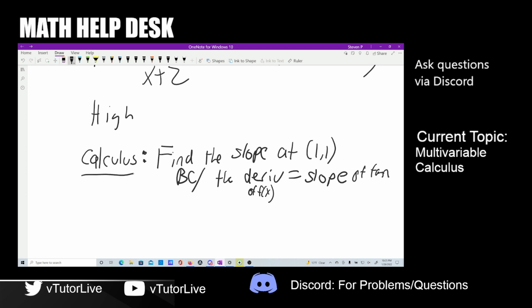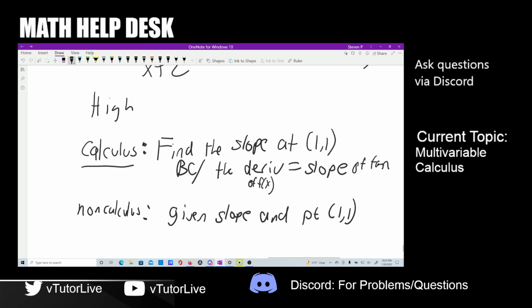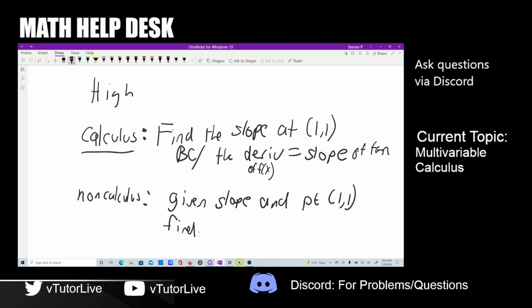That's the calculus part. The non-calculus part is literally 8th or 9th grade math: given the slope at this point and the point 1, 1, find the equation of the line. Literally y equals mx plus b.